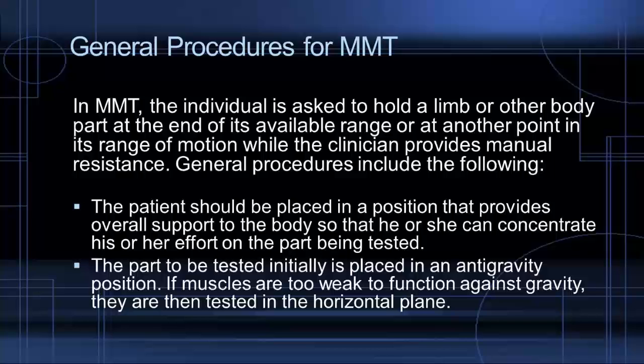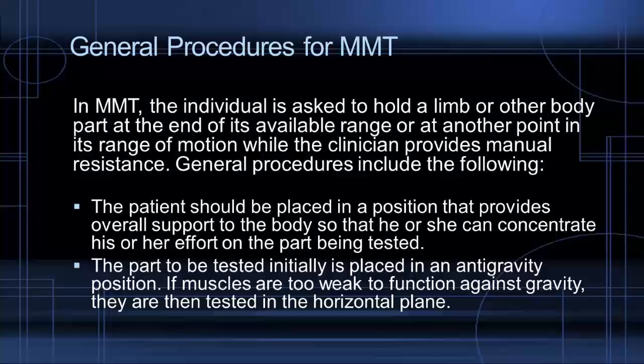So we want to make sure we place the patient in a supported position so they can concentrate on their effort of the part being tested. If they're standing or sitting in a way that's unsupported and you push against them for resistance, you could push them out of the position. So you want to make sure that they're supported.